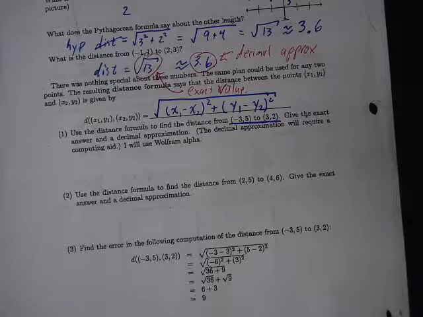Here are a pretty decent critical mass of people plugging away on the machines. So what is this distance on the nose exactly? 3 root 5.